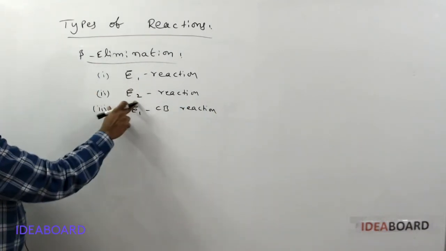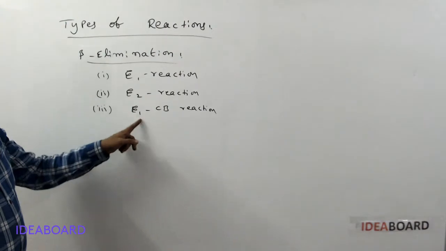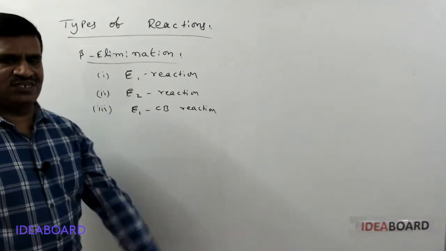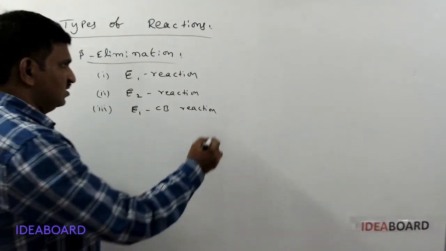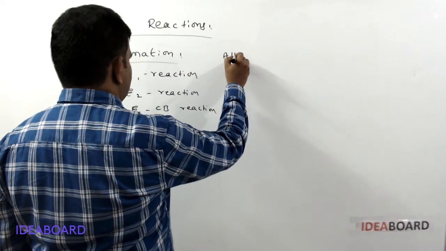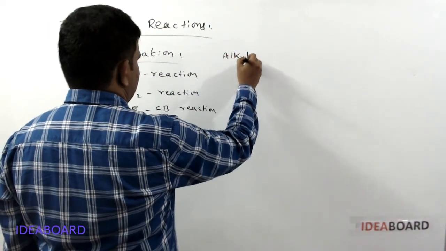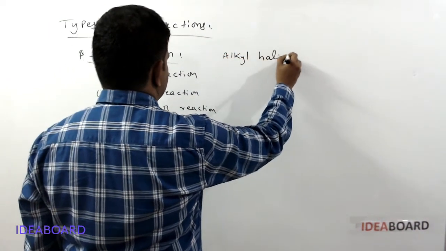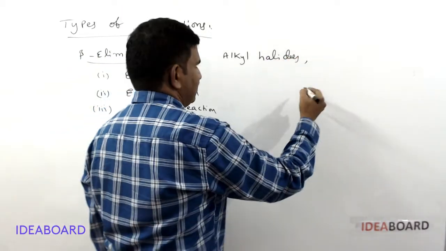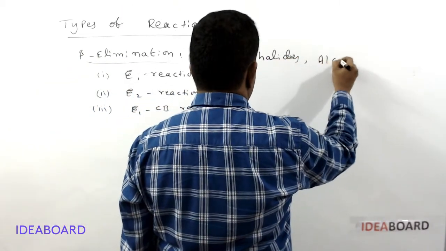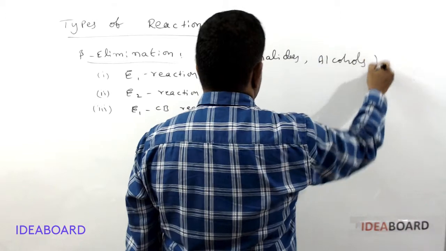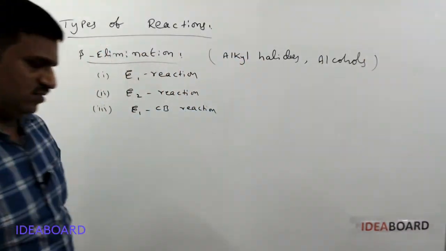These are unimolecular elimination, bimolecular elimination, and unimolecular elimination via conjugate base formation. These elimination reactions are very common in alkyl halides and alcohols.